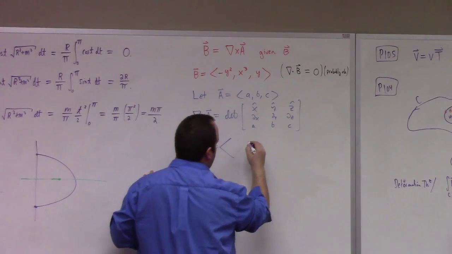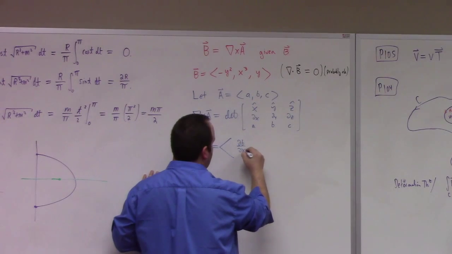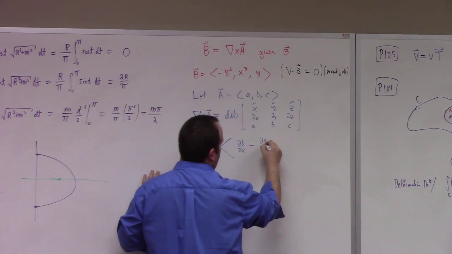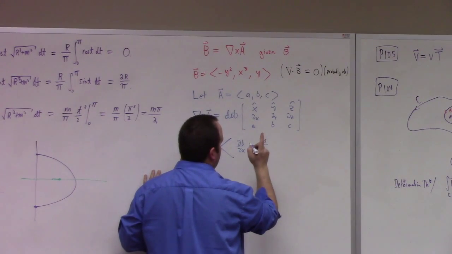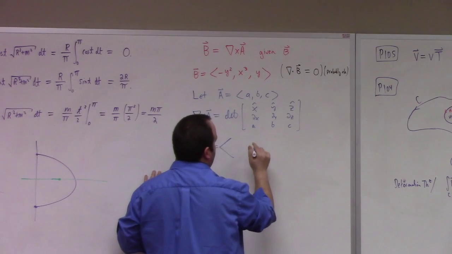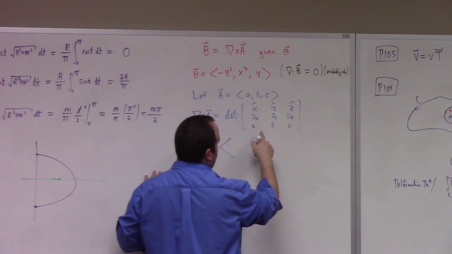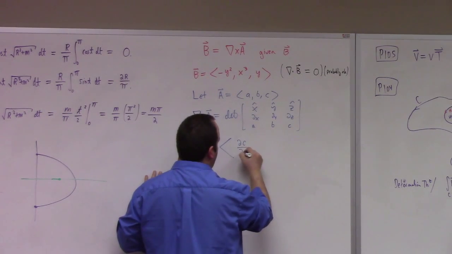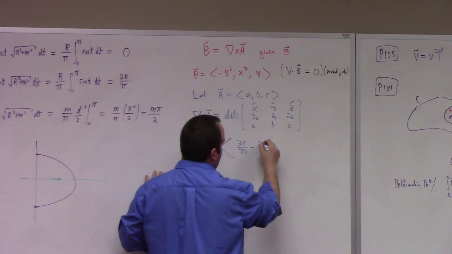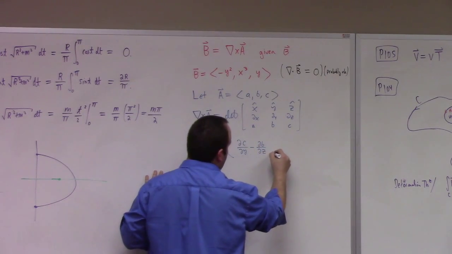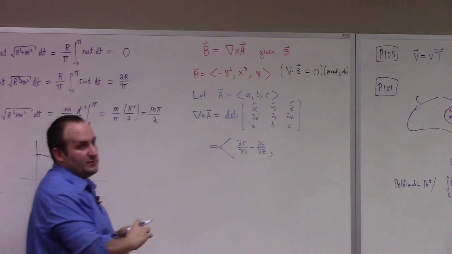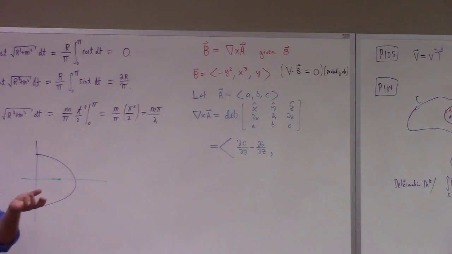For the x hat, partial c partial y, minus partial b partial z. It should involve the y and the z components and derivatives with respect to y and z for the x component.